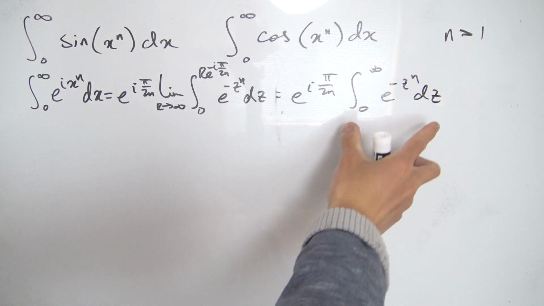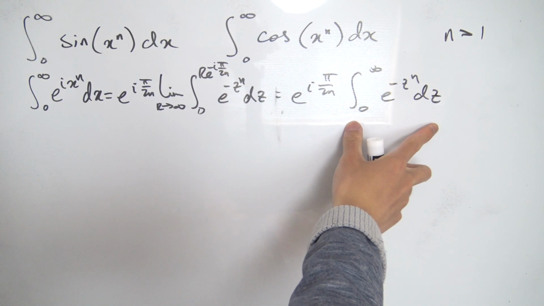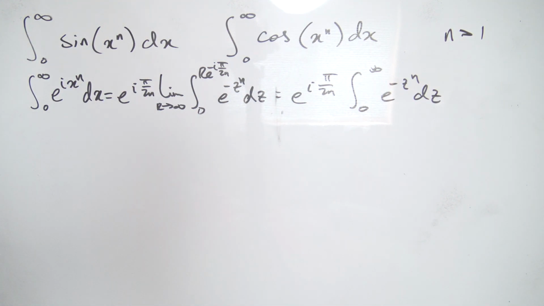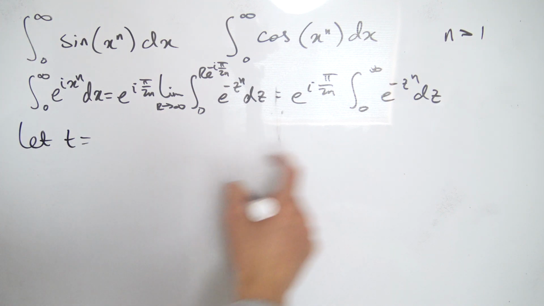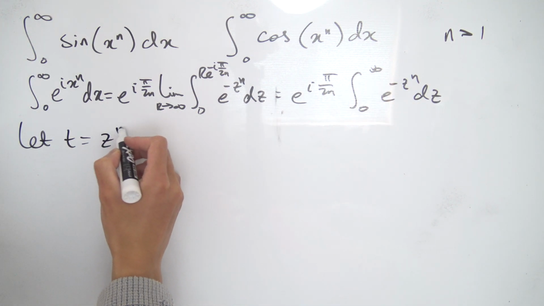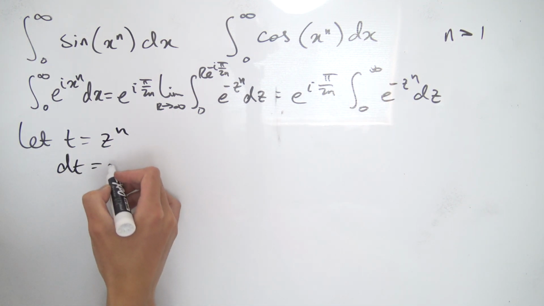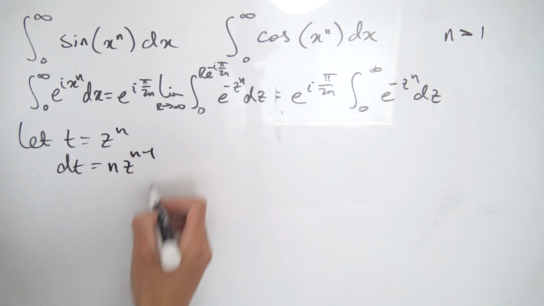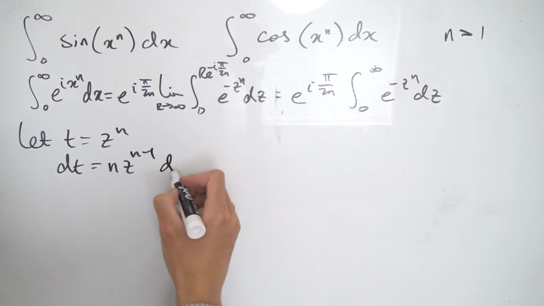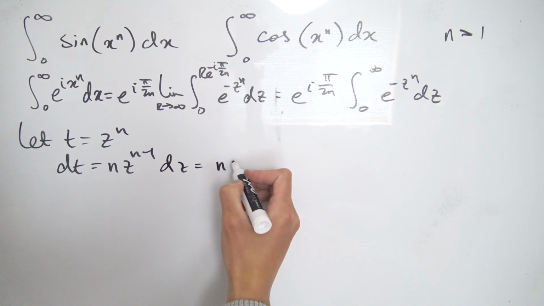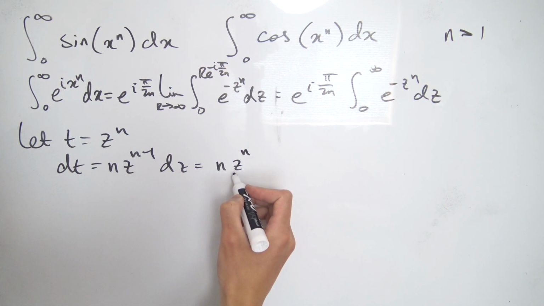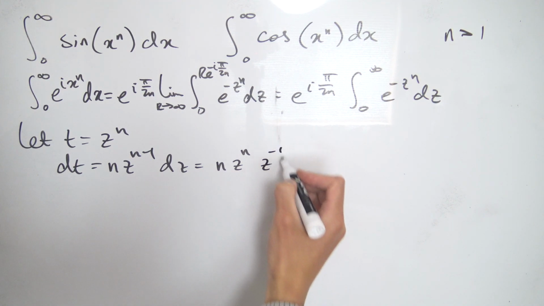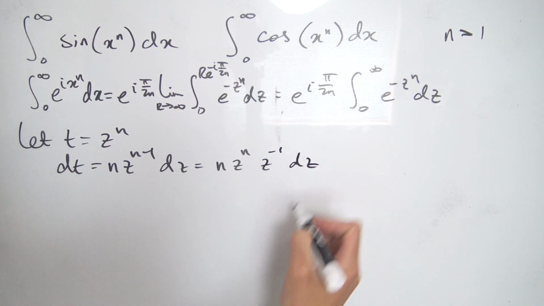Right, and remember, as I said before at the very start of this video, the integral in this form is really nice because now if we perform a substitution, if we let t be equal to z to the n, that means dt is equal to n z to the n minus 1 dz, but that's equal to n times z to the n times 1 over z, so z to the minus 1 dz.